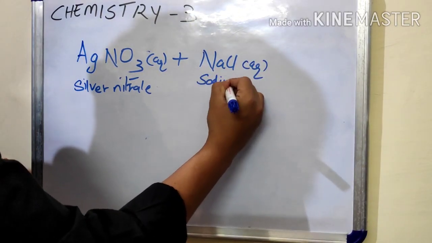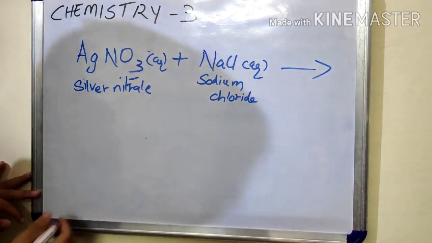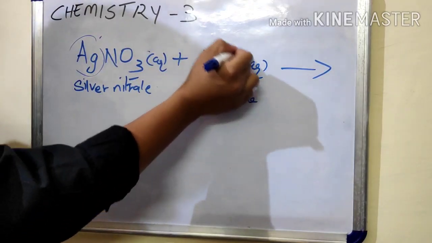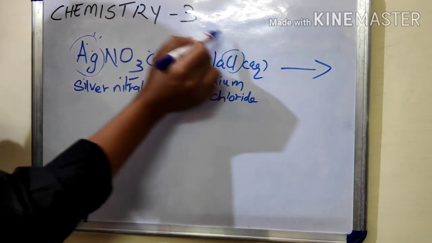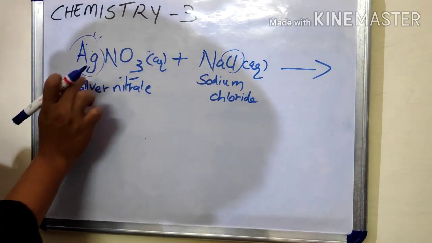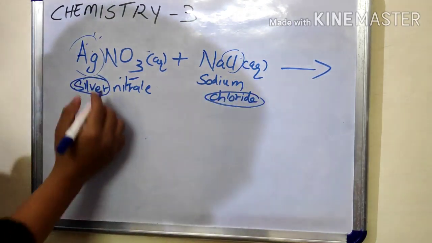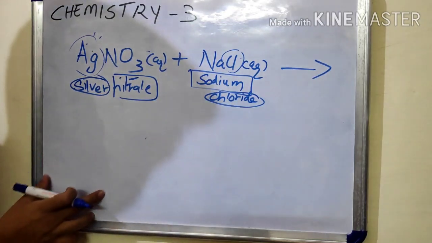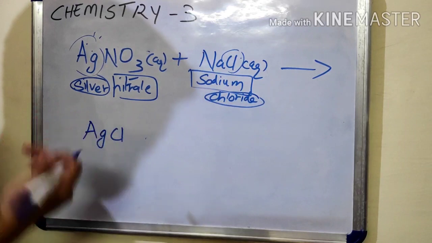This reacts to give you, now again Ag will react with Cl, the cation and the anion. Cation is on the left, so cation and the anion. So it will become silver chloride. Silver and chloride. Sodium and nitrate. So you will get silver chloride. The formula of silver chloride is AgCl, Ag plus and Cl minus.